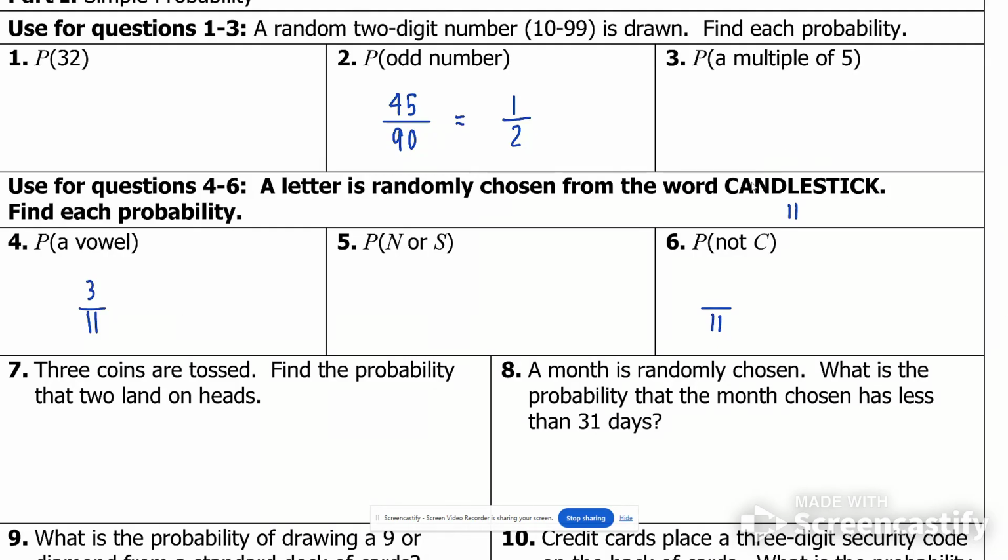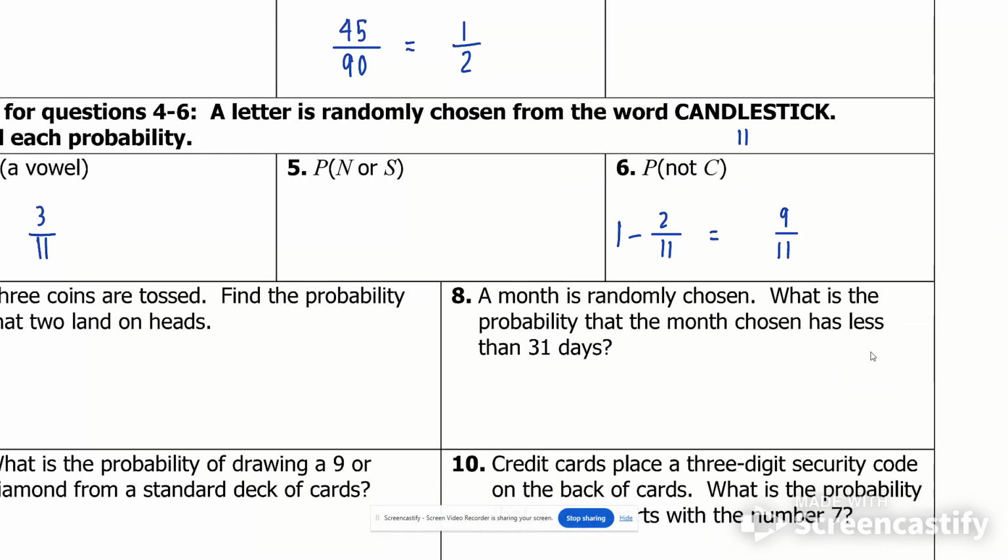You can either tally up all the ones that are not C's, or you could say, well, there are 2 C's, so it's 1 minus 2 over 11. Again, I'm not going to be real picky in a situation like this, whether you use the complement of the event or if you just go ahead and find the probability of that yourself. It's going to do the same thing. You're going to come up with 9 over 11, which again will not reduce. So there it is, okay?